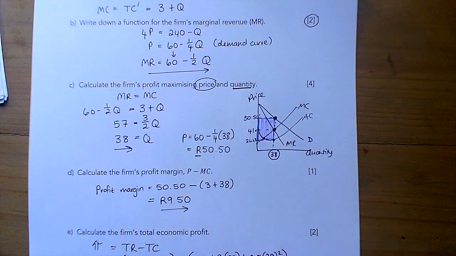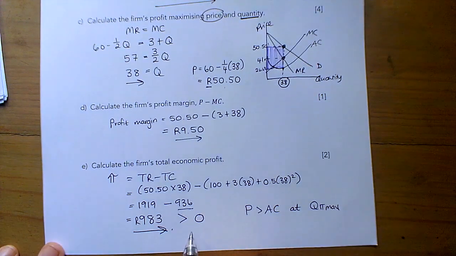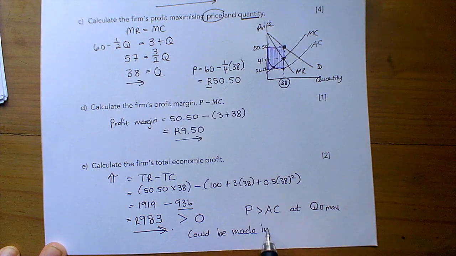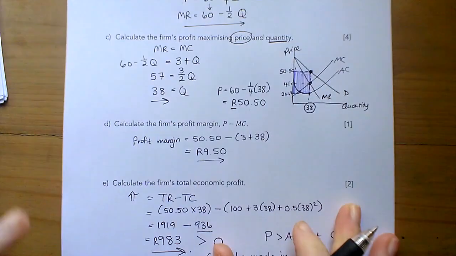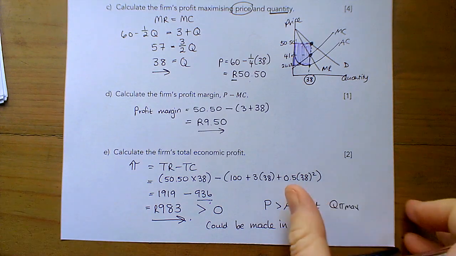And the interesting thing about this is that this positive economic profits could be made in the long run because of the high barriers to entry and exit. And that's different to any kind of competitive firm, whether it is perfectly competitive or monopolistically competitive, because those firms are not able to make positive economic profits into the long run. They are limited to zero economic profits or normal profits in the long run.